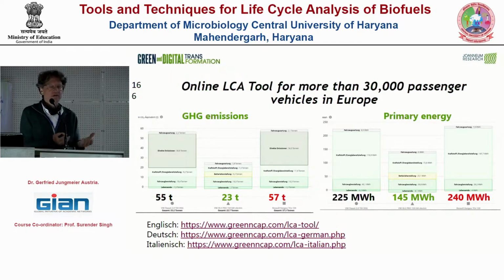When you buy a car, you have a possibility to choose the car you're interested in. And this is also, for me, a very nice sign that LCA is really entering our daily life. You saw the milk package yesterday, and now the discussion on purchasing a new car. There's also information provided on the LCA level.